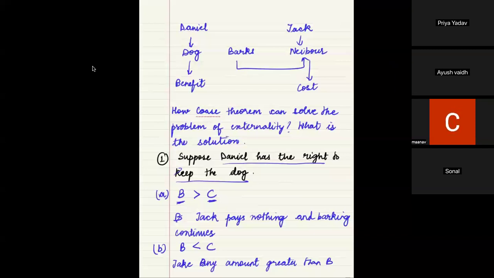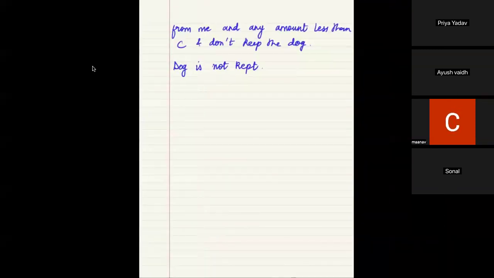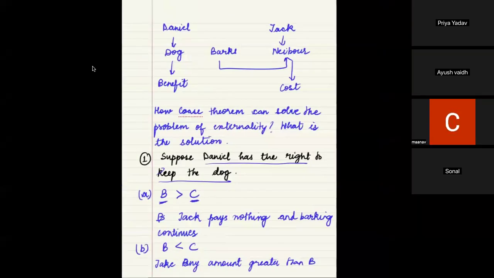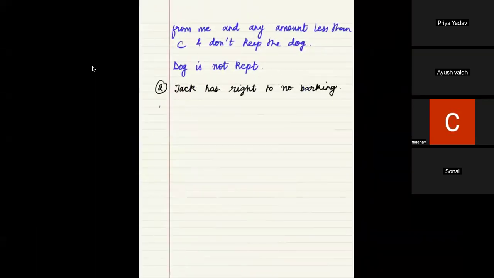Now, how will the Coase theorem solve the problem when Jack has the right to no barking? In this case, again we form two cases. If B is greater than C, that means the benefit that the dog keeper gets is far greater than the cost. So what will happen?